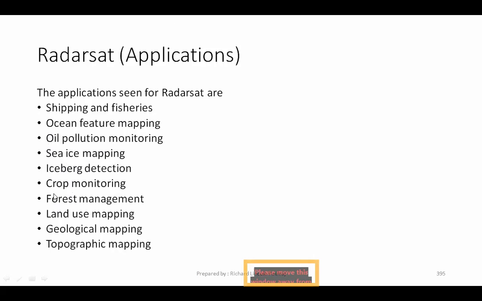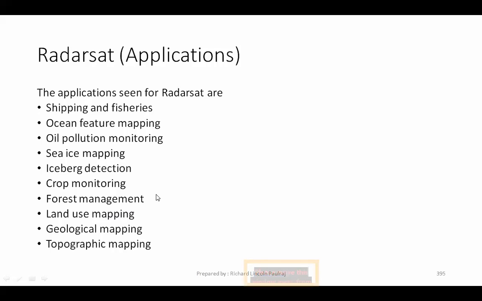Then crop monitoring. With the help of weather data, regular updates can be sent to the farmers, and they can be advised on what crop would suit the upcoming seasons, the upcoming months. Then forest management. How much area is actually forested, and is there any deforestation happening?